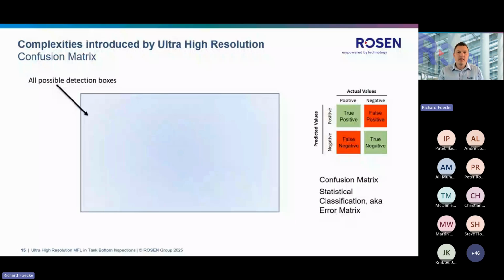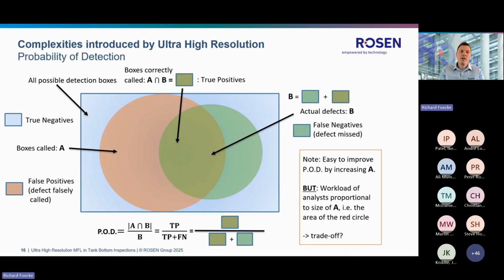And then we have the false negatives, which are, of course, the worst of all the indications, because these are the indications where nothing was identified by the software, however, there was something present. These indications we try to minimize. In this overview, we see the blue box represents all potential detection boxes. The red circle represents all indications called by the software, and the green circle represents all real indications.